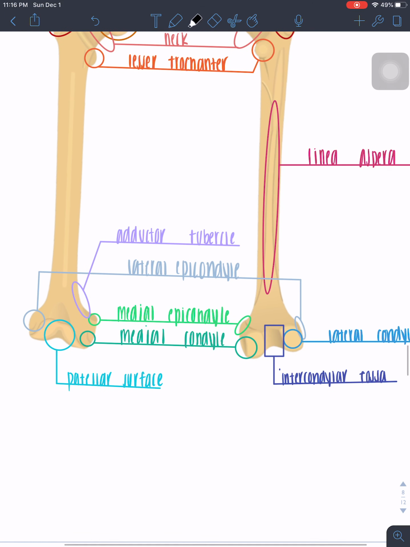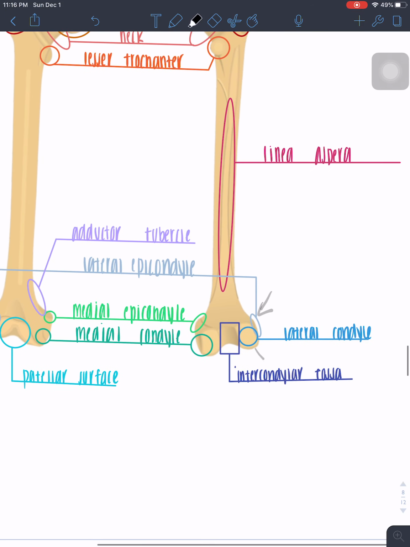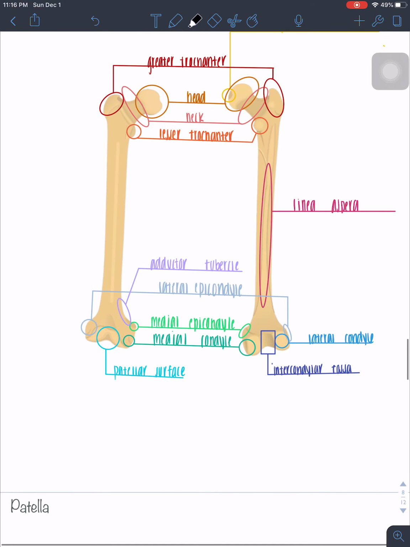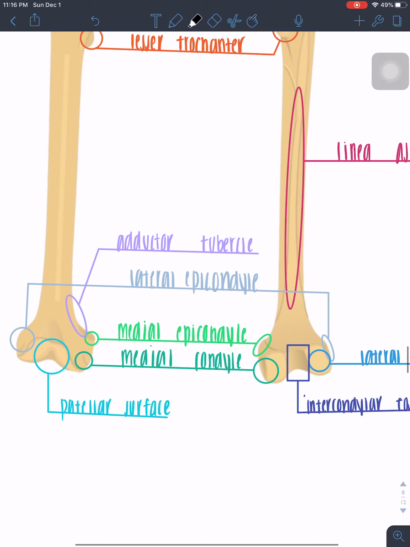Once again, there's lateral and medial. So we go to the lateral epicondyle here, and also to the lateral condyle. Then there's also the medial epicondyle here and here.